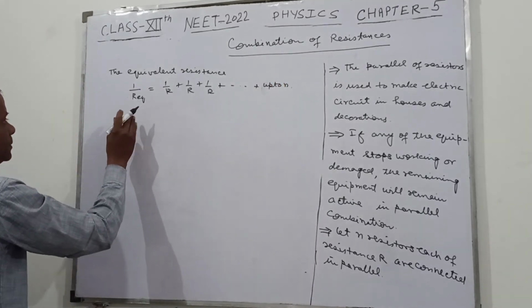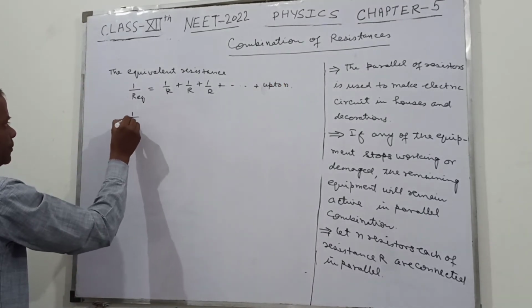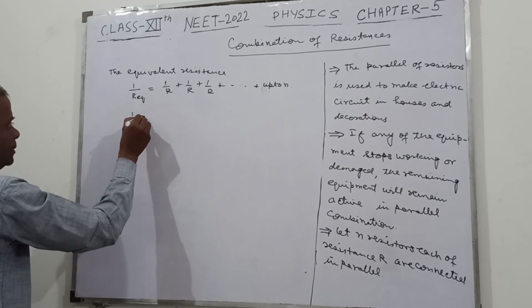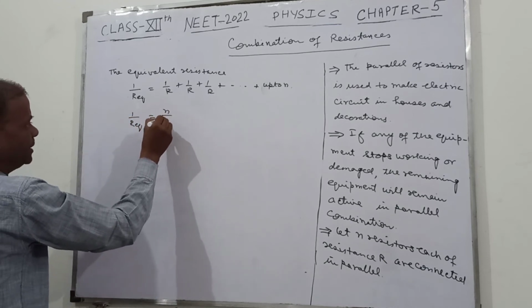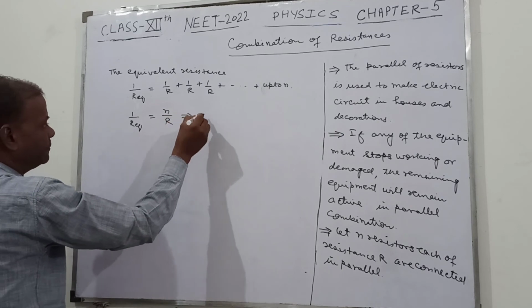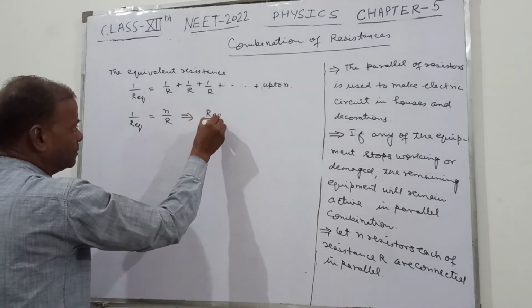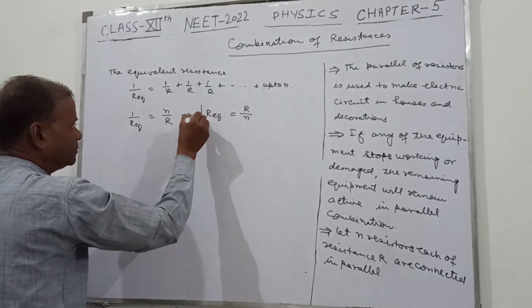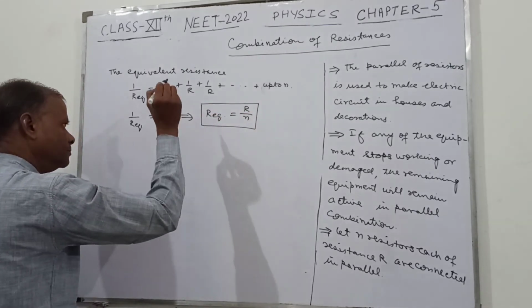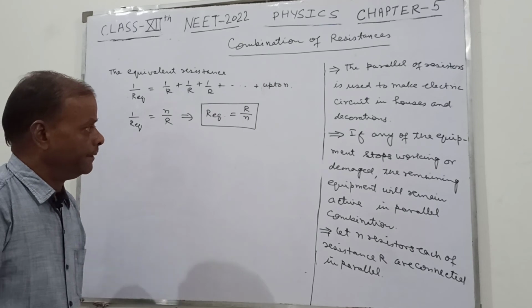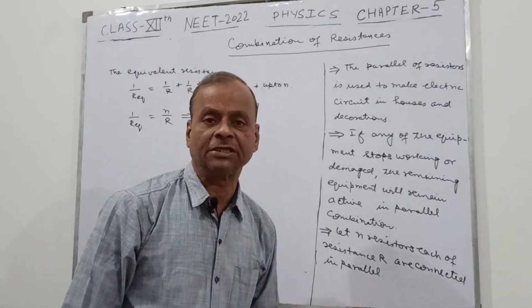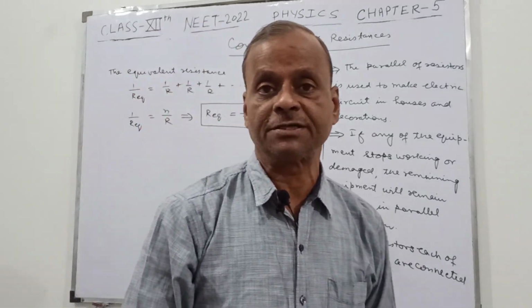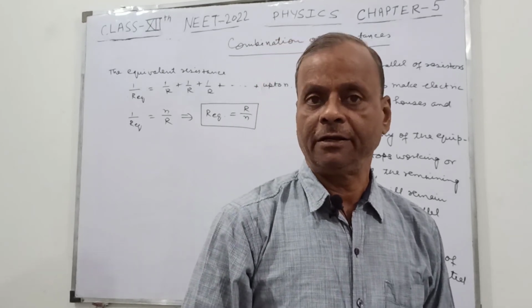Then what we have? 1 upon R equivalent equal to n upon R. So R equivalent is equal to R upon n. So this is the equivalent resistance when the same resistors are connected in parallel.